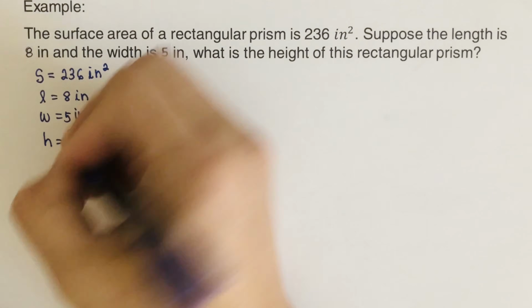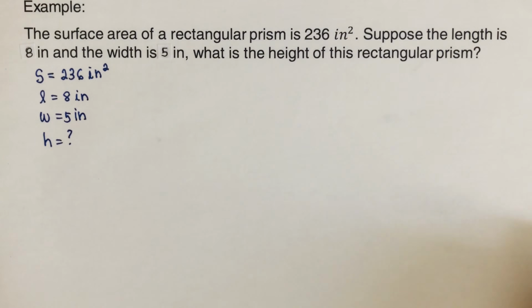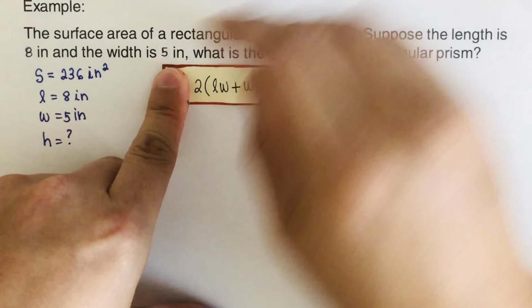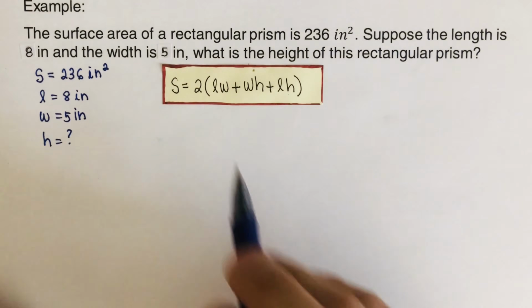In this problem, there's no height given. For problems like this, where we are working backwards and one of the parts is missing, it can be helpful to use the formula that we got from the first slide. So we plug values into this formula.